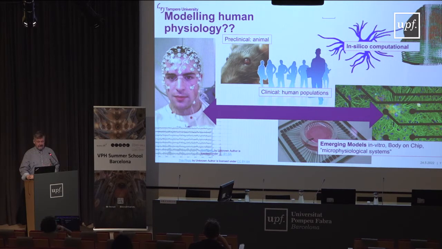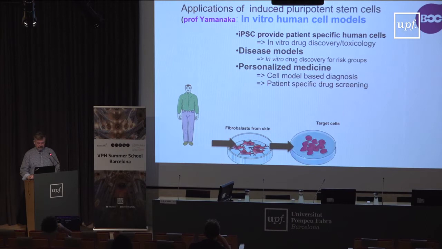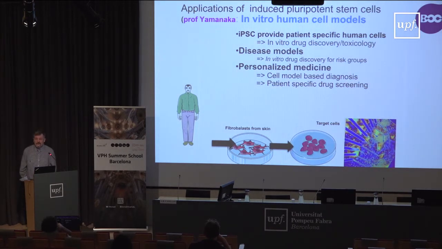And really, the question is whether it has those features that you are going to model that are needed for the information that you have in your research question. And I think we all know this already, but of course what has changed in vitro is Professor Yamanaka's Nobel Prize on how to make stem cells from any of us.